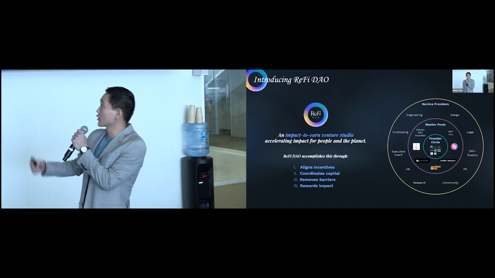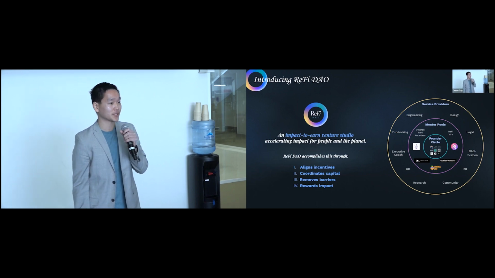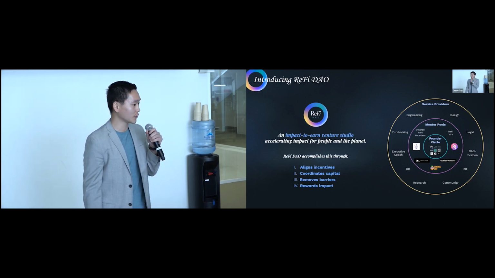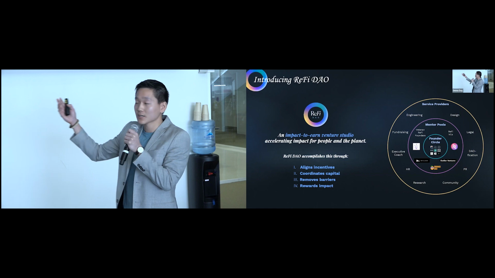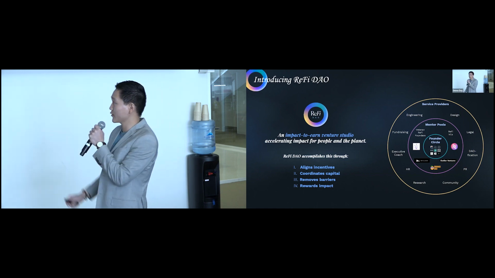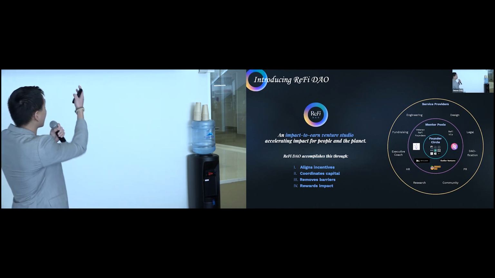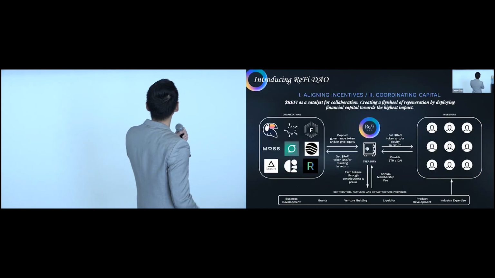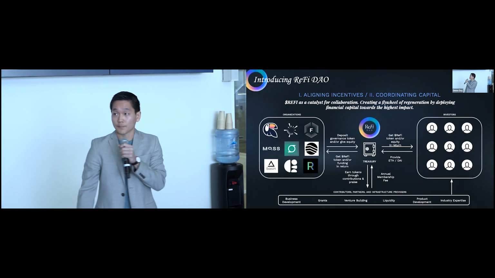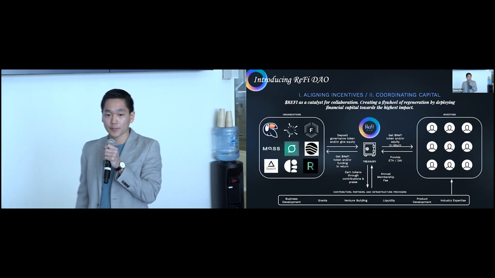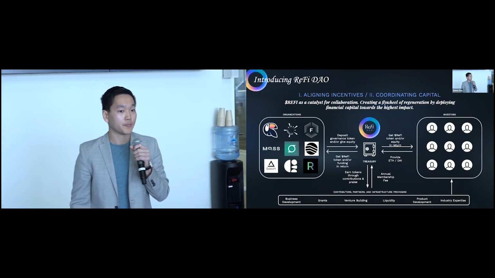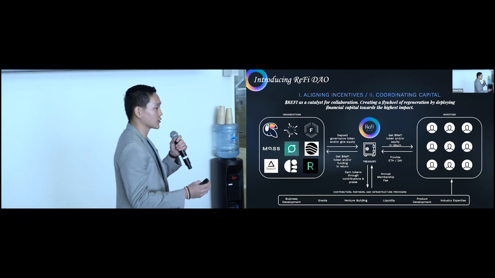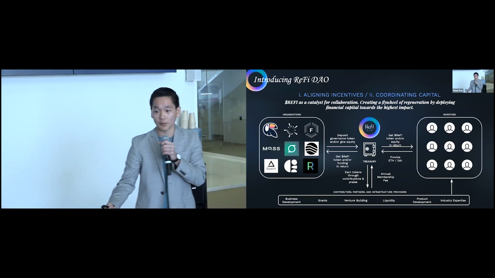To do this, we are building an Impact to Earn Venture Studio based on a community-powered protocol that will align incentives, coordinate capital, remove barriers, and reward impact so that we can surround our founders with world-class talent and support. First, to align incentives and coordinate capital, we plan on building a Refi token based on the governance tokens of the startups that we will help incubate.